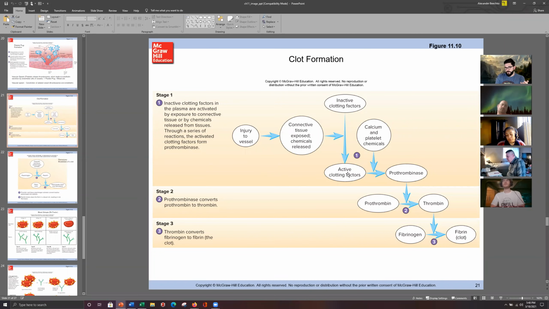And then those active clotting factors will utilize things like calcium and other platelet chemicals like ADP to activate prothrombinase. Prothrombinase will then convert prothrombin into thrombin, which then converts fibrinogen into fibrin. So fibrin is the actual clot, right? But fibrinogen acts as that initial protein receptor. So we've got this whole cascade sequence in order to create our actual clot.